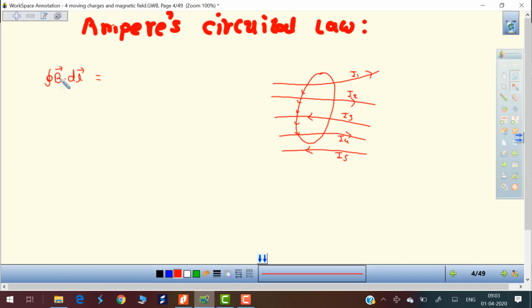And B is in the direction of dl. Suppose the direction is constant, no problem. It is equal to the product of mu 0 and the algebraic sum of electric current within the loop.